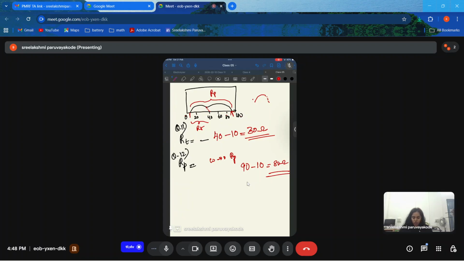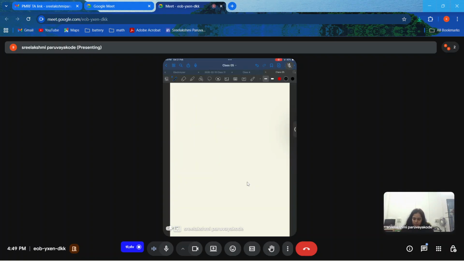So yes, now the next question. I'm again given a circuit. It's 5 microfarad. This is 1000 ohm.